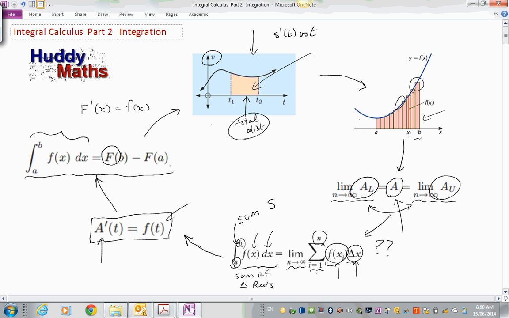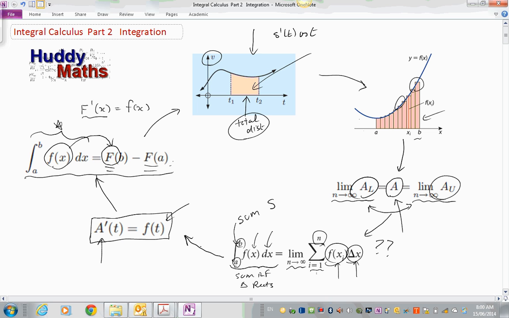So what do we have to do to find the sum of the infinite number of rectangles under the function? We have to find the function whose derivative is this. So we've got to come backwards. We've got to treat that as a derivative and anti-derivative it, if you like, and then evaluate that function across the interval, and that will give us the sum of an infinite number of rectangles.